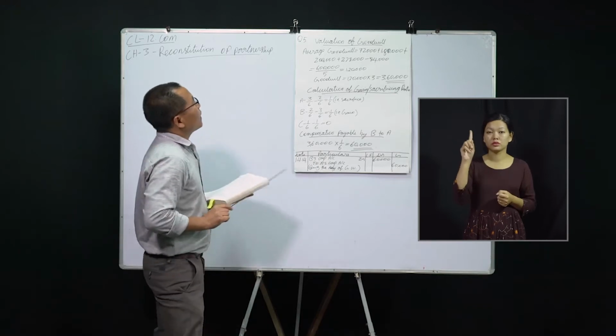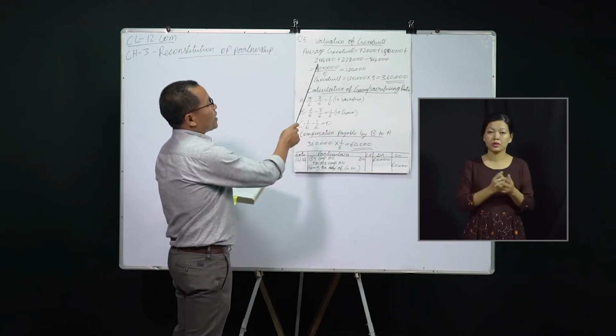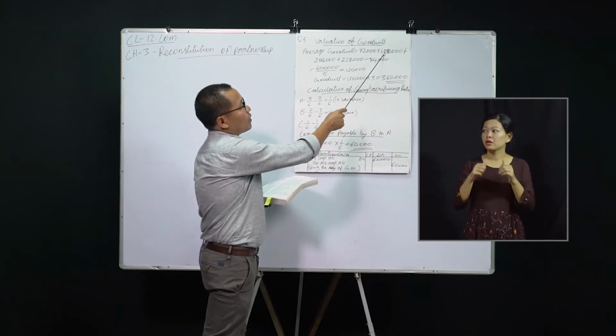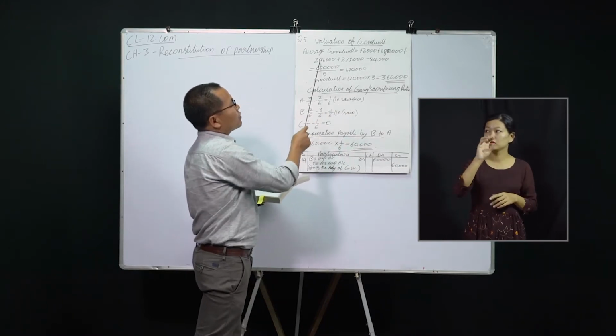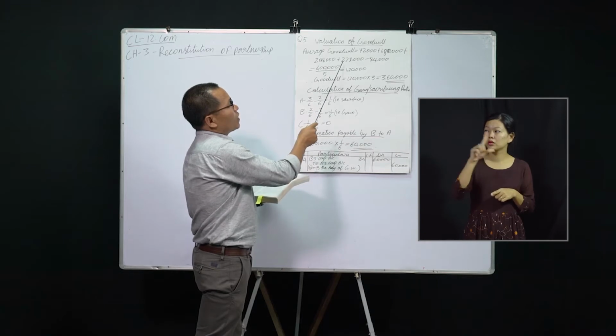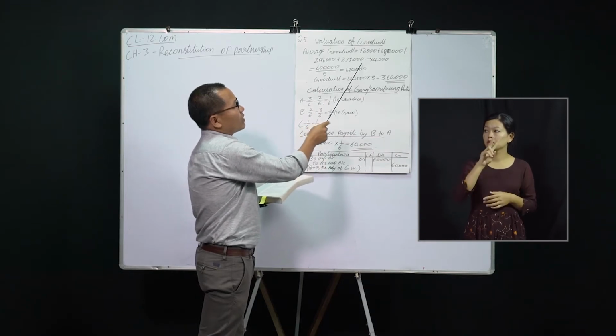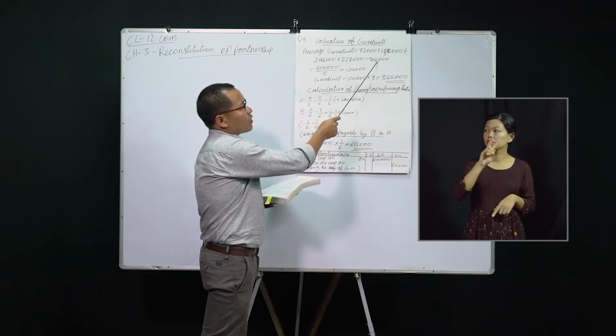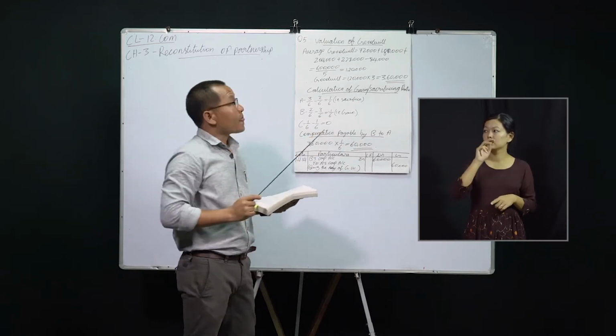So let's see here. Valuation of goodwill. Average profit, that is 72,000, 1,80,000, 2,04,000, 2,28,000 minus 84,000. We are deducting this 84,000 because there was a loss.